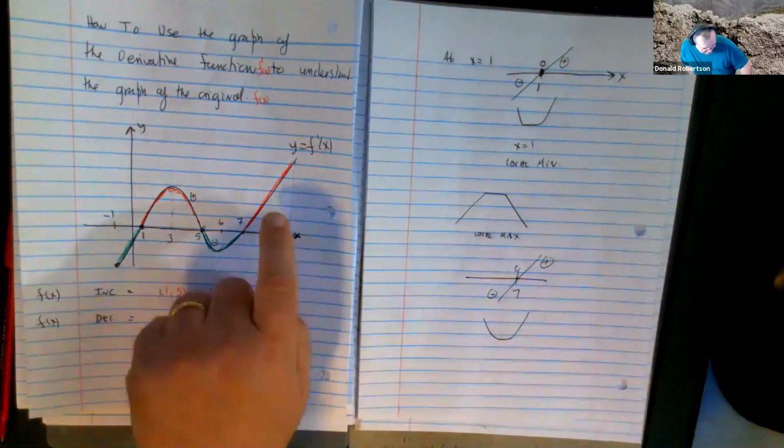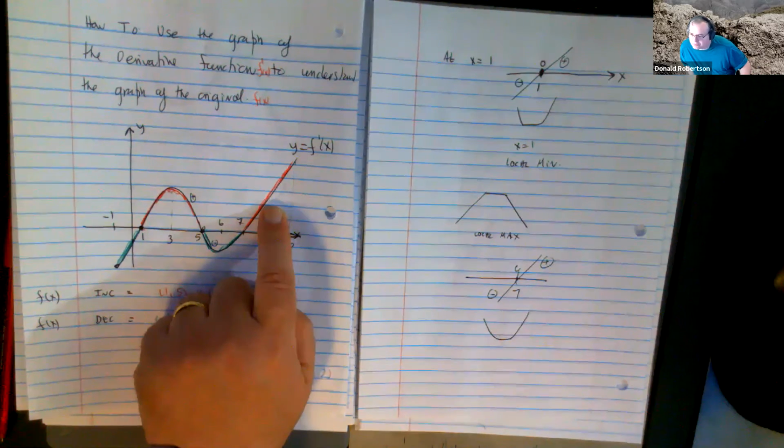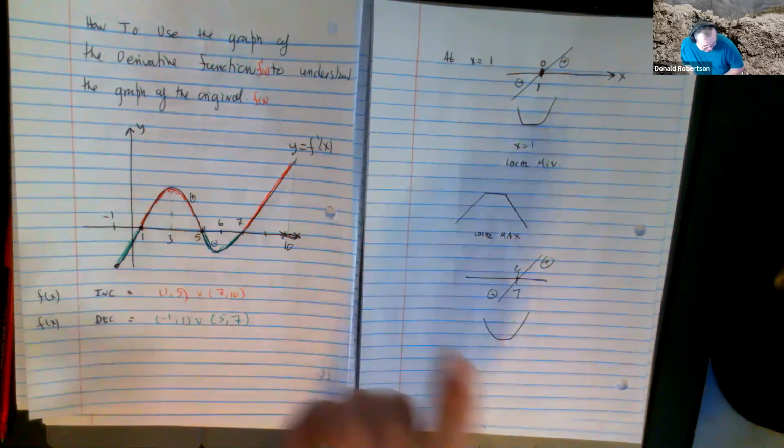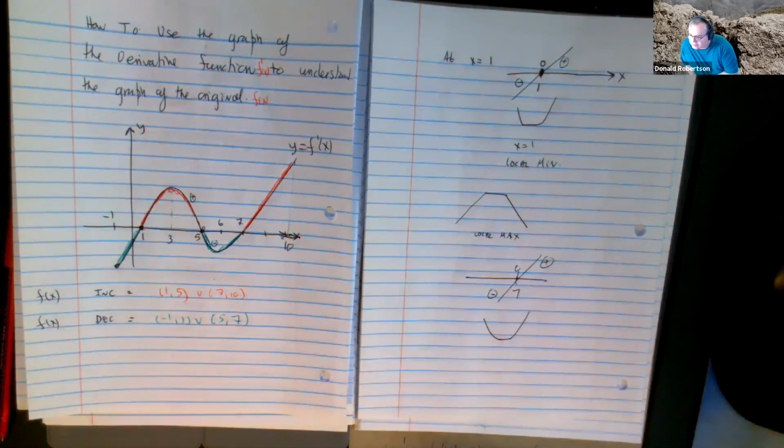Now, this is what kind of information you can get from a derivative function. Can't you get increasing and decreasing? Can't you also find out local maxes and local mins? There's only one thing missing. I'd like to know concavity. I would like to know, in particular, points of inflection.